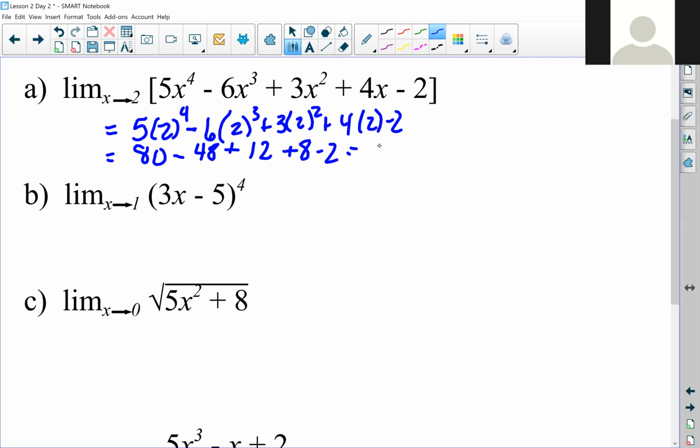And then we have minus 2. So if we go ahead and simplify that, 80 minus 48 is 32, plus 12 is 44, plus 8 is 52, minus 2 gives us 50.